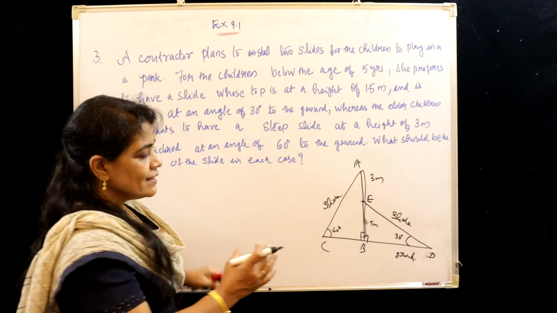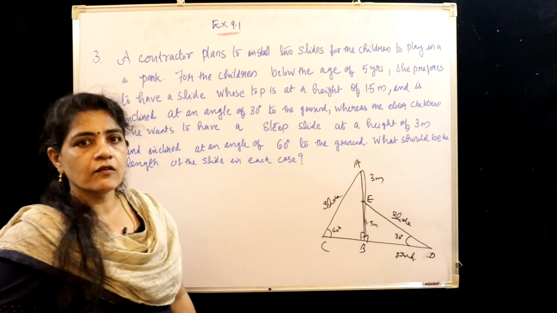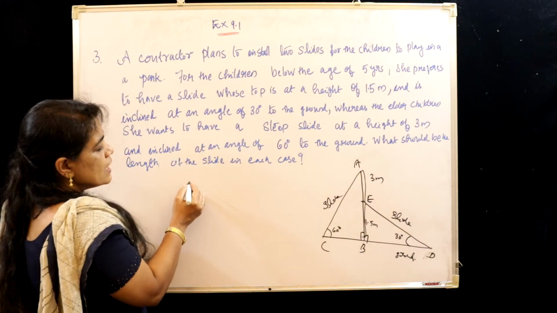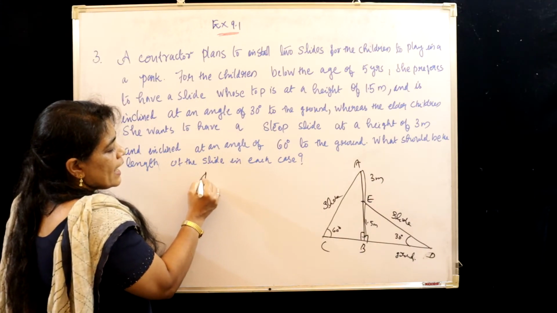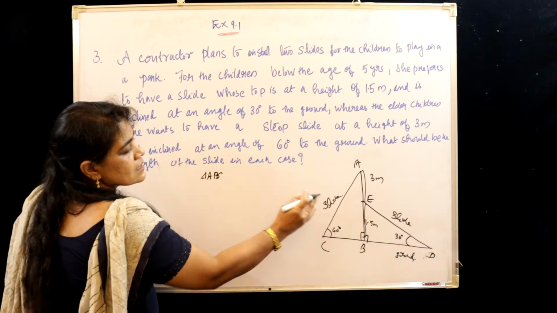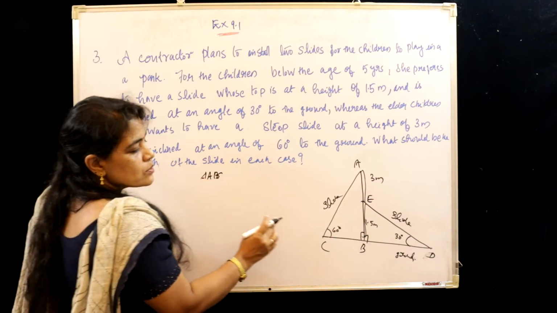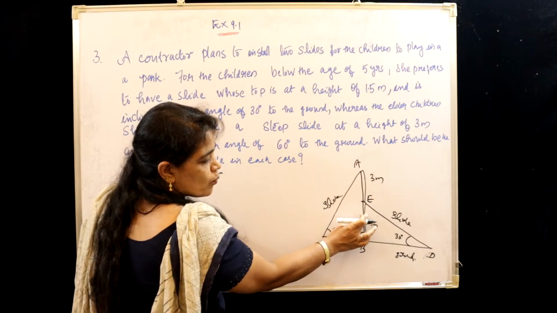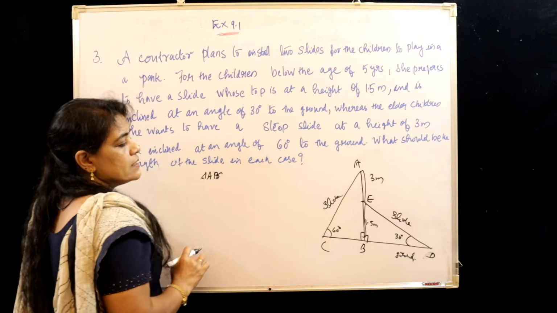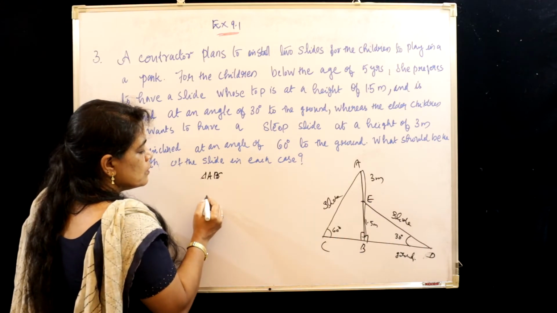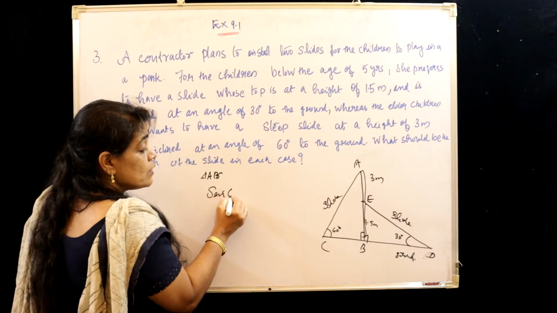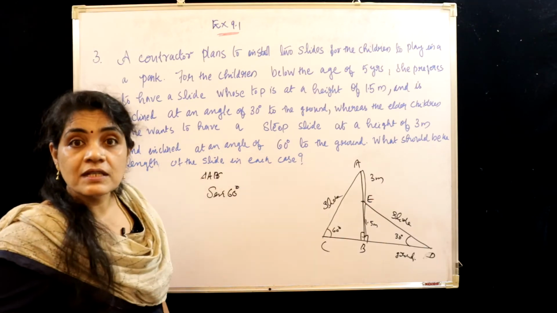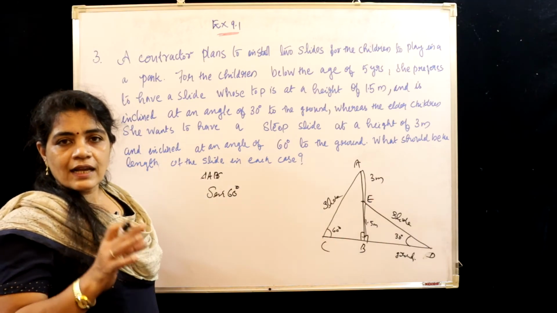In order to get the length of the slide for the elder one, I am going to consider right triangle ABC, this triangle. Here we need AC. With respect to this acute angle, opposite side with the hypotenuse. So sine 60, you have to decide which ratio can be selected. That idea is clear, children?